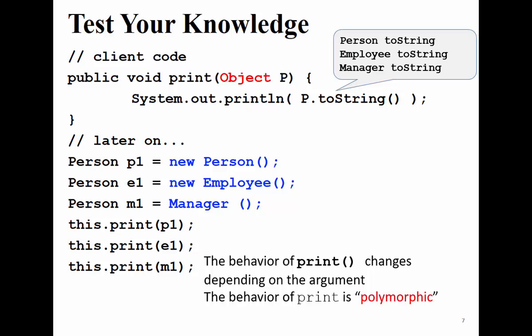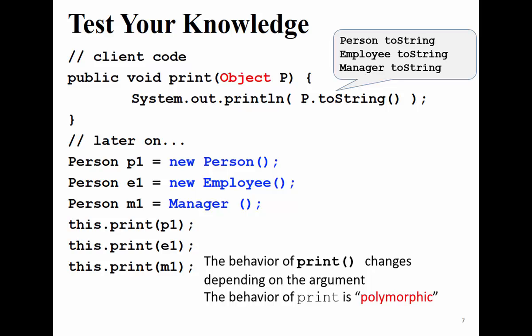Now, the behavior of print is polymorphic. This method is polymorphic because it's the same method, and we use it with different types.